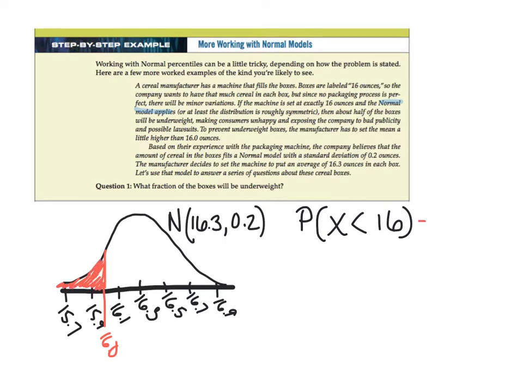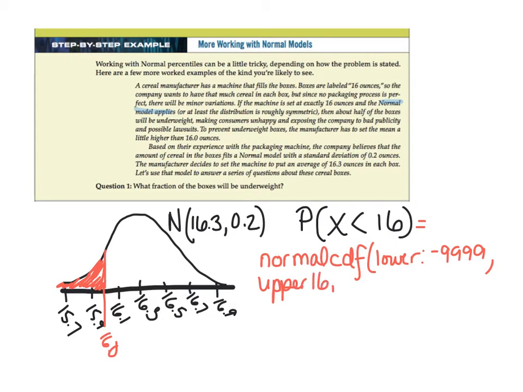So I could standardize and use table A, or since I'm looking for the area, I can use the calculator function. Normal CDF, lower would be -9999, upper 16, mu 16.3, sigma 0.2.